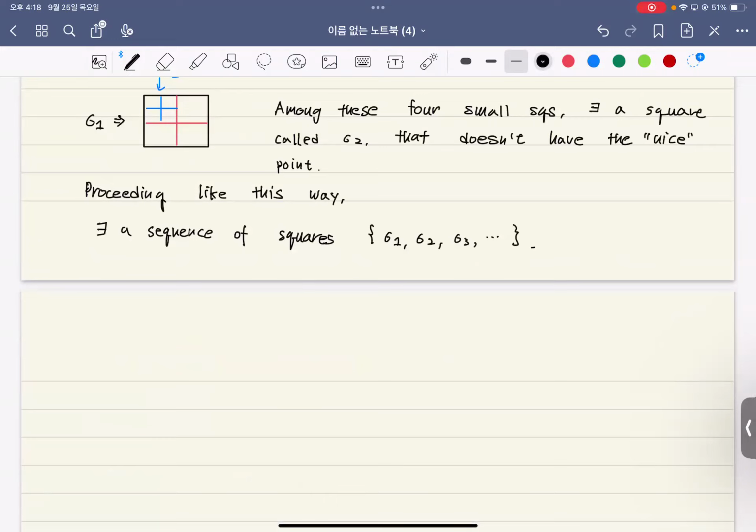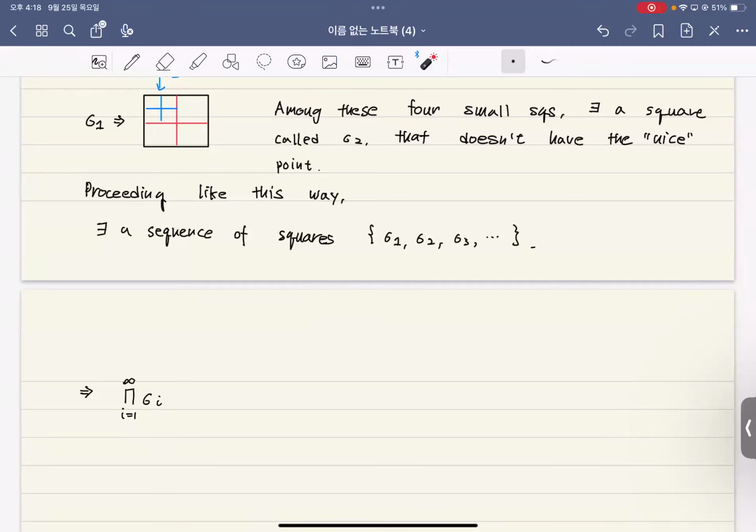So let us consider a point. These squares are all closed, and the length of each side of these squares is diminishing by a factor of 1/2, right?